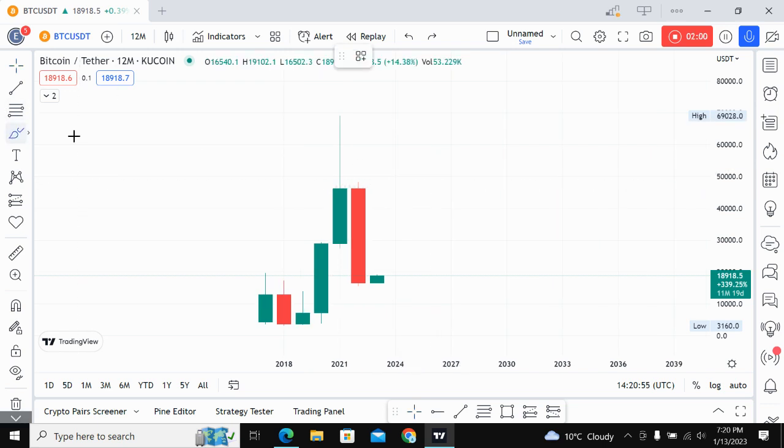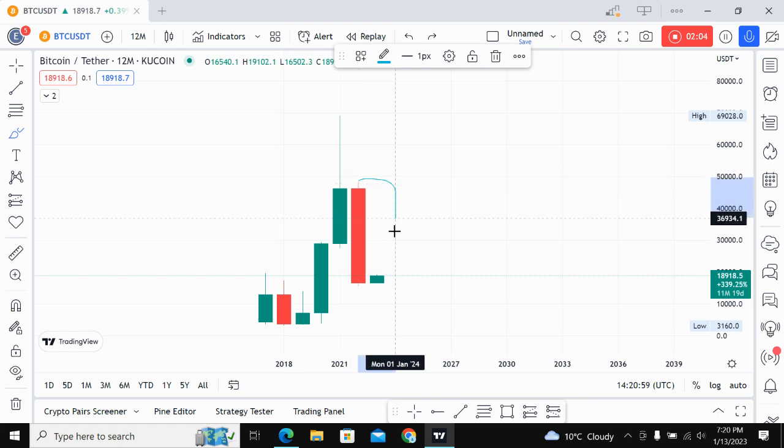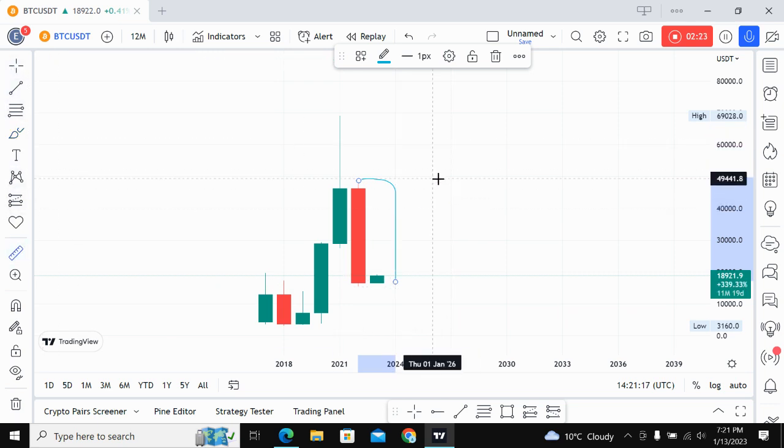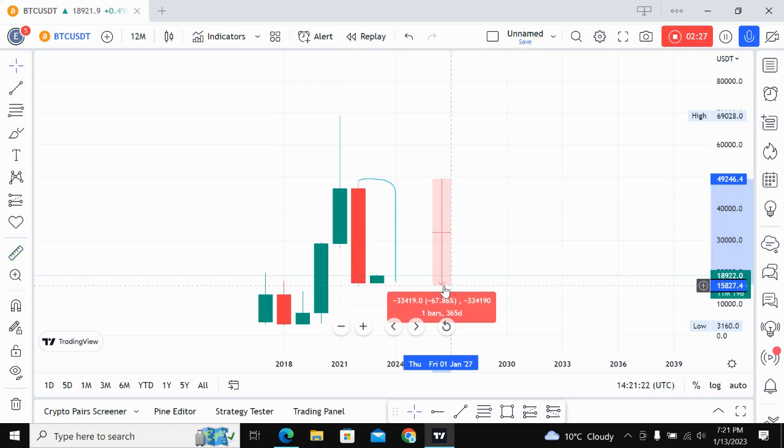So the next year starts, which is 2022. Bitcoin started dropping from around $49,000 to around $16,000, and we can also see a low of something like $15,800. So Bitcoin dropped a lot in the year 2022, around 67%.